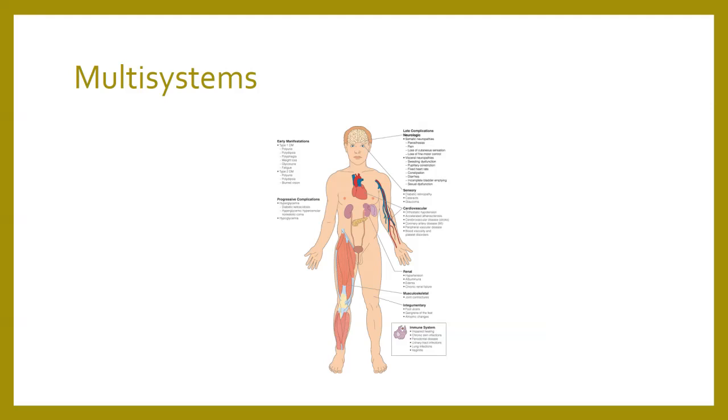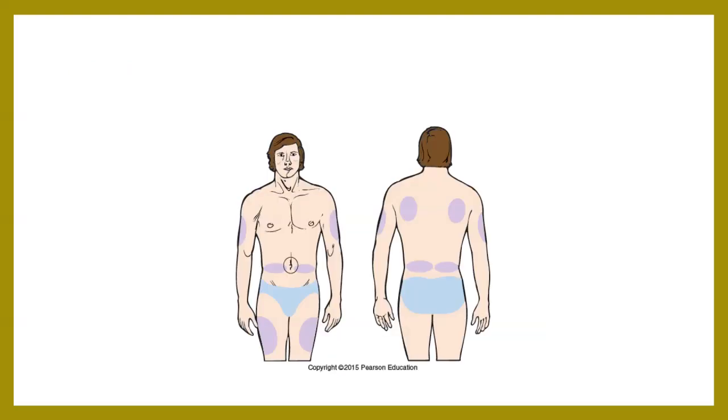You're going to monitor laboratory values. You're going to monitor your patient for hypo and hyperglycemia. You're going to encourage that patient to exercise. You're also going to encourage that patient to rotate.